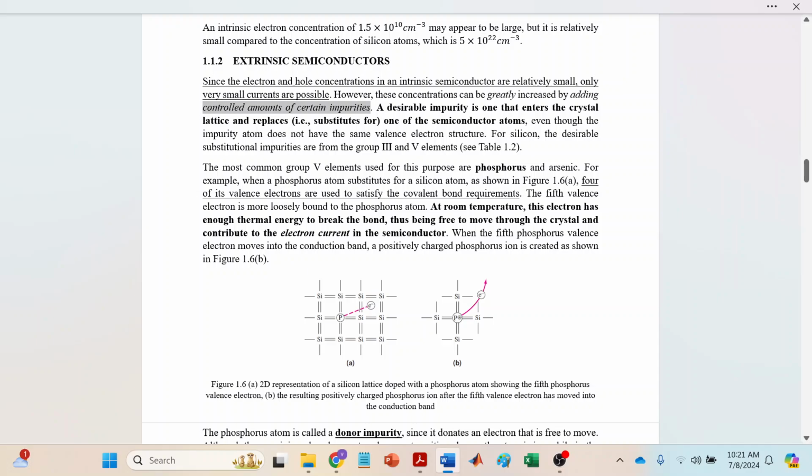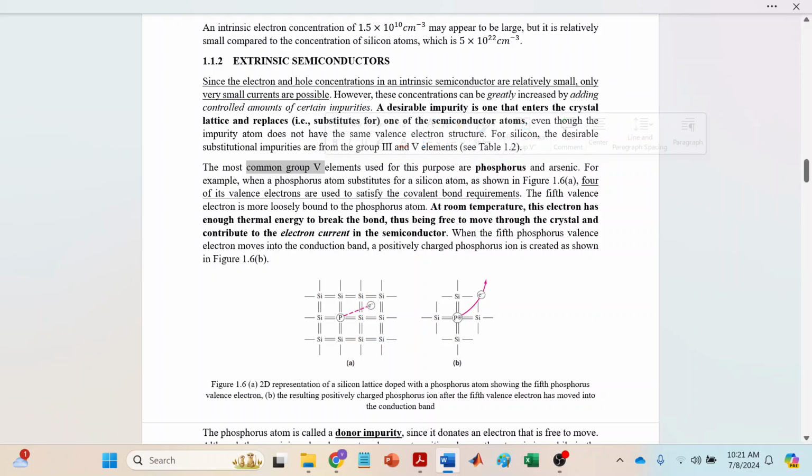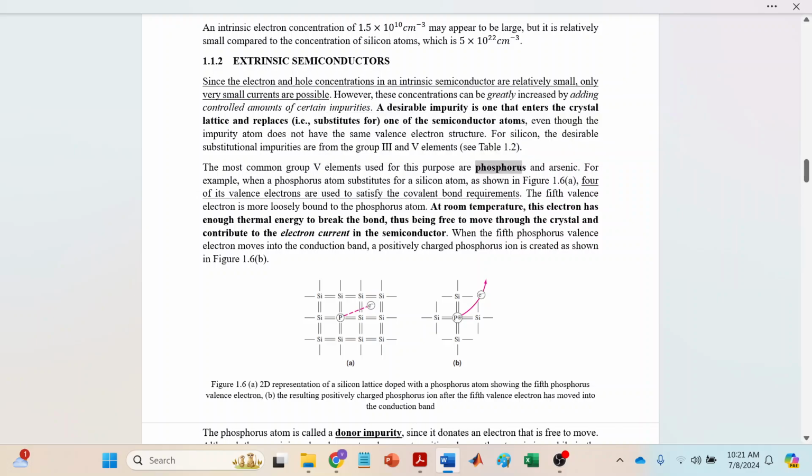So when a group 5 element is added as an impurity into the silicon lattice, a group 5 element in this case can either be phosphorus or arsenic. So when it is added into the silicon lattice, the phosphorus would replace one of the silicon atoms.